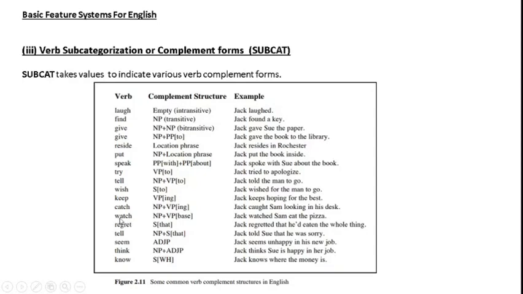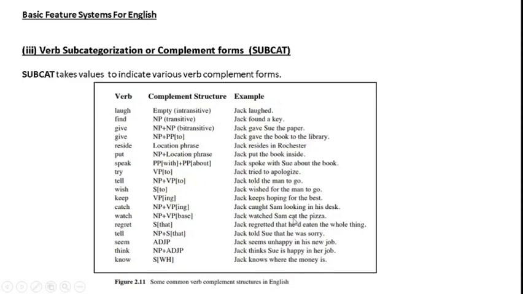In the case of the verb watch, the sentence used here is Jack watched Sam eat the pizza. The verb complement form given is NP plus VP base. It means that after the manifestation of watch in the sentence, you can have a noun phrase and a verb phrase, that means a phrase consisting of a verb in its base form.